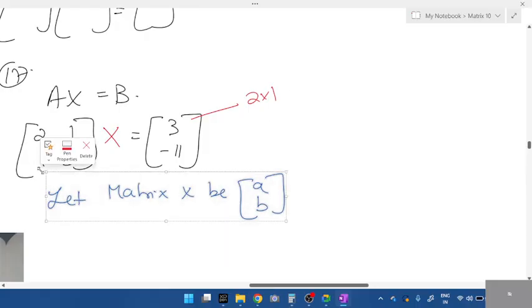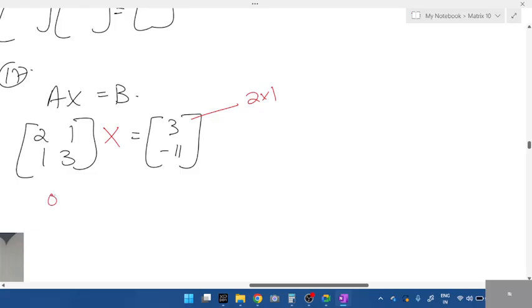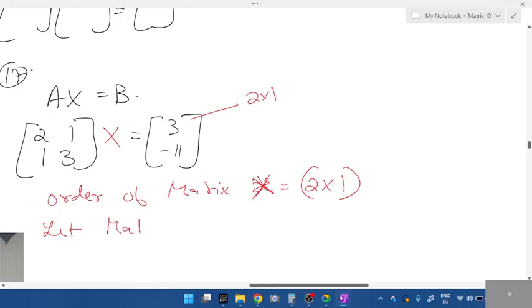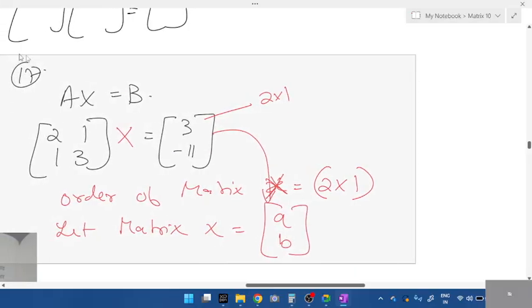Same like the previous question. First you write: order of matrix X is equal to 2 by 1. Therefore, let matrix X be equal to, with respect to this, just take some value. Instead of 3, you take A. Instead of minus 11, take B. Complete it, multiply.